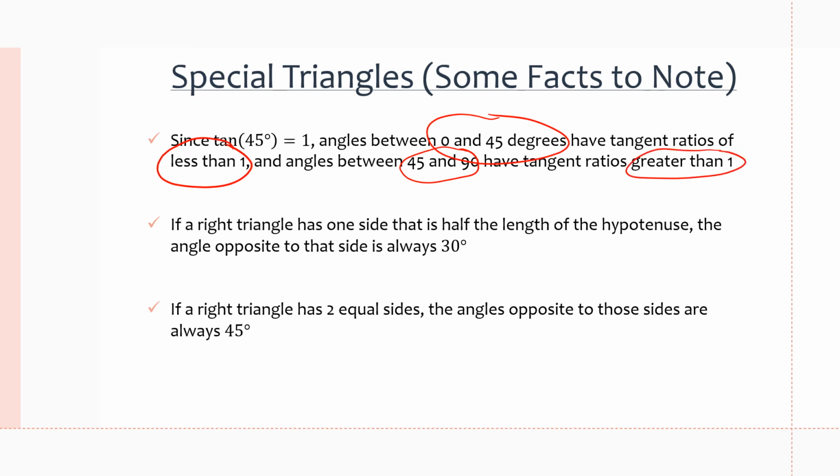Right? And this makes sense because if you have 45 and you have, let's say, a 1 over 1, if you decrease this angle, so let's say if you make it kind of flatter, so this angle is less than 45, this side length is going to be less than 1, and this side length is going to be greater than 1.